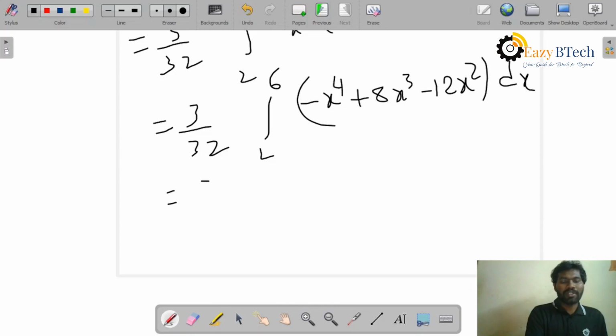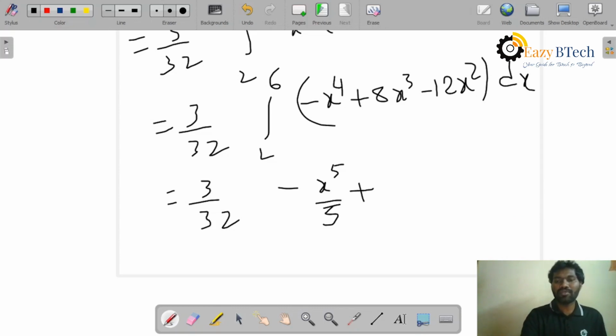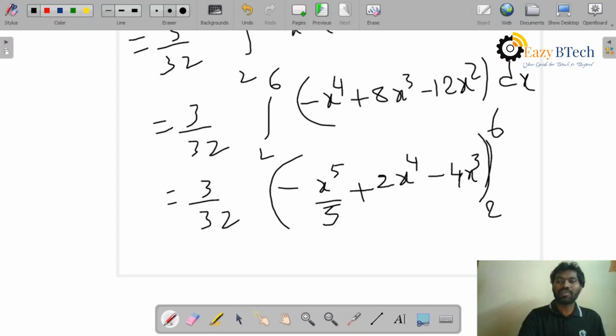So it becomes 3 by 32 into minus x power 5 by 5 plus 8 into x cube by 4, that means 2x power 4, minus 12 into x cube by 3, then it becomes 4x cube, ranging from 2 to 6.